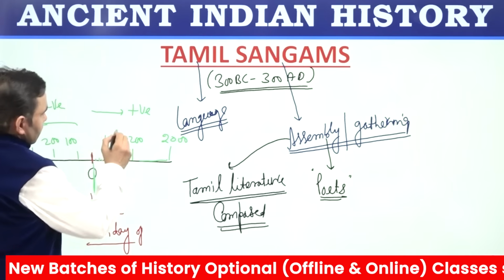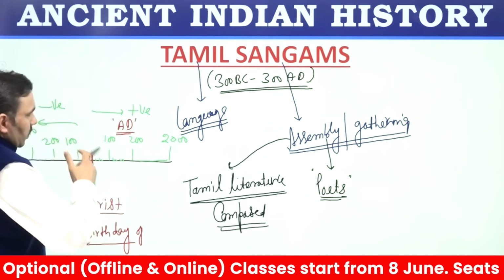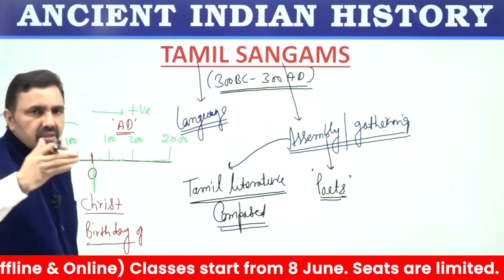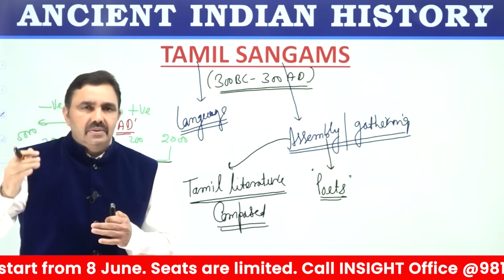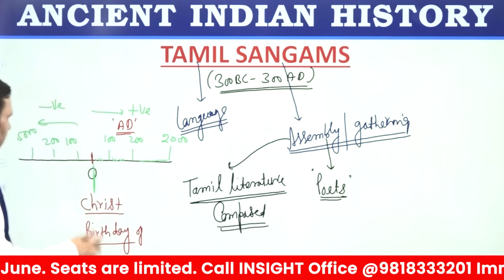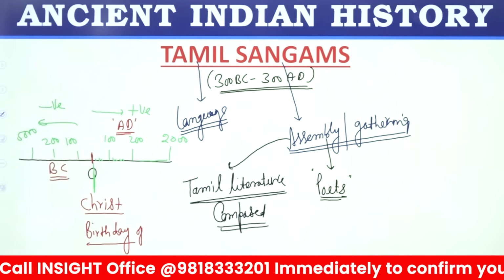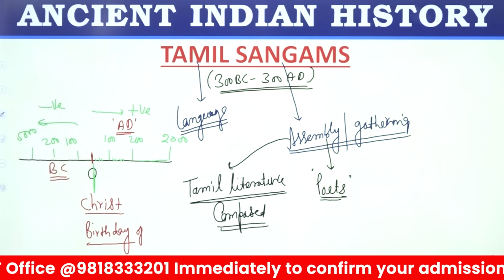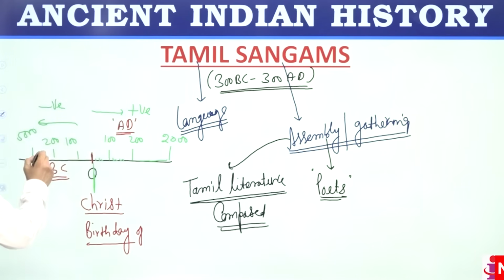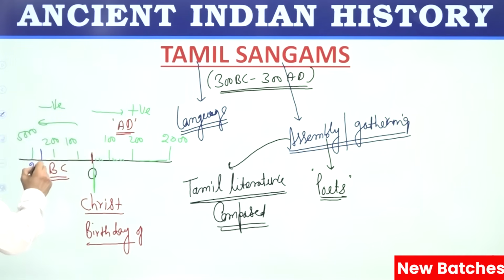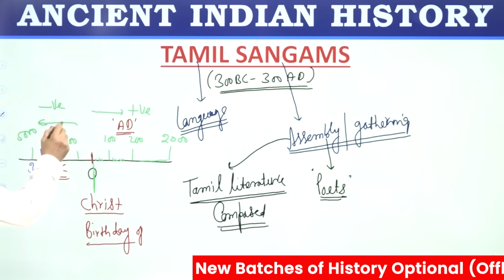So these are termed as ADs, Anno Domini, post some important event. And this important event was the birth of Jesus Christ. And these are termed as BC, before Christ. So if I say 200 BC, or if I say 300 BC, which one is older, 200 BC or 300 BC?